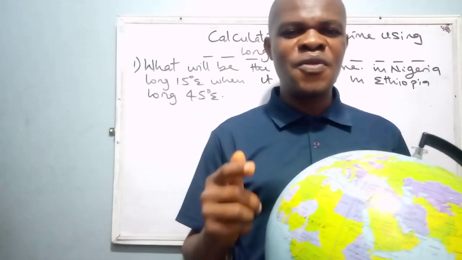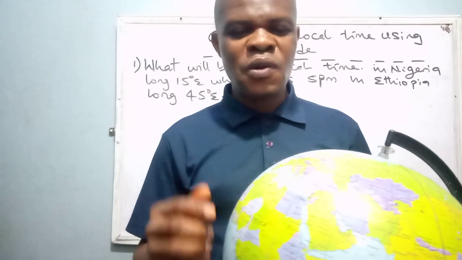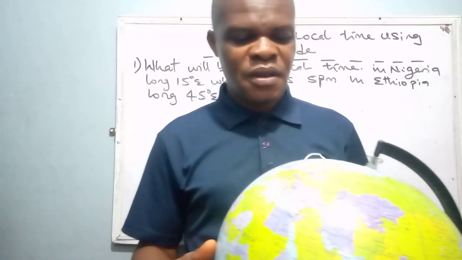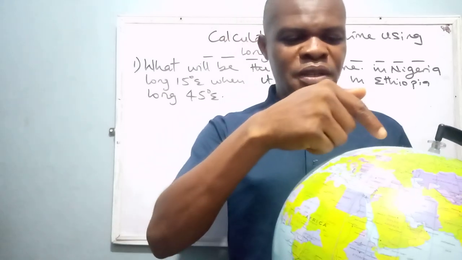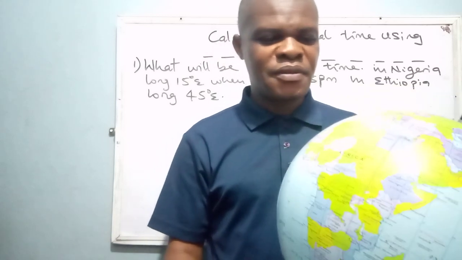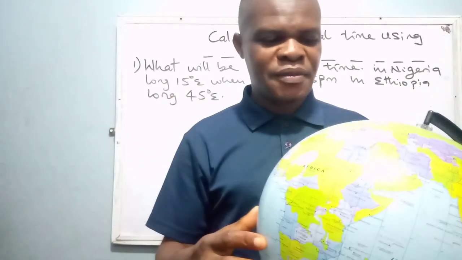Now, you must know that each country is located within a longitude. What are longitudes? From this globe, you will see lines that run from the north to the south. These lines are measured in degrees.